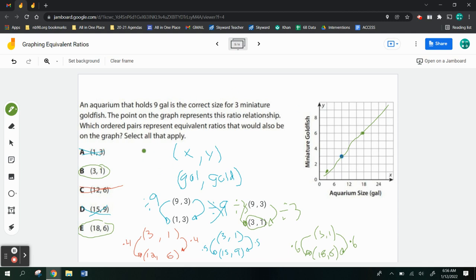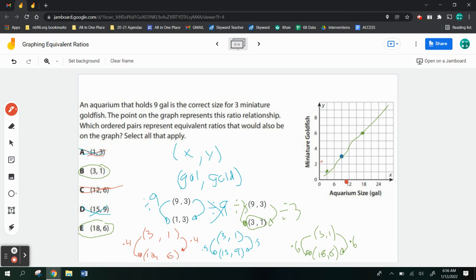So technically, for this last problem, I could have done it differently. Instead of doing all this work, I could have just drawn a straight line and then checked which of these are on that line. 1 to 3, 1 comma 3. Let's see, where would that be at? 1, 3 would be like right here. That's so far from the line, so A wouldn't work.